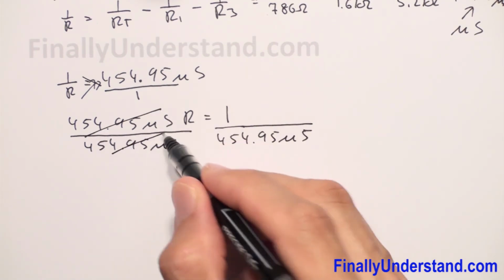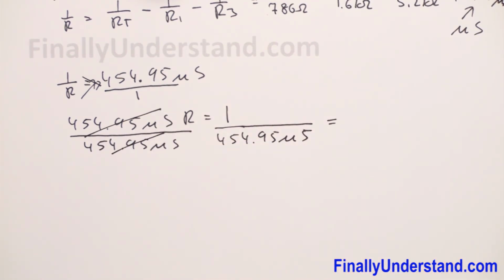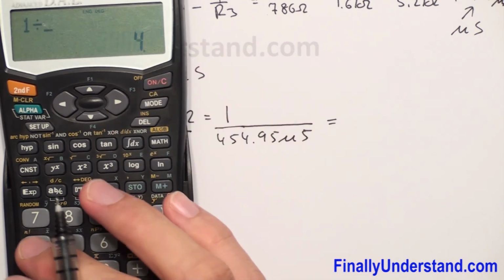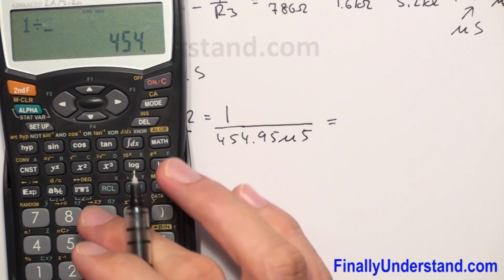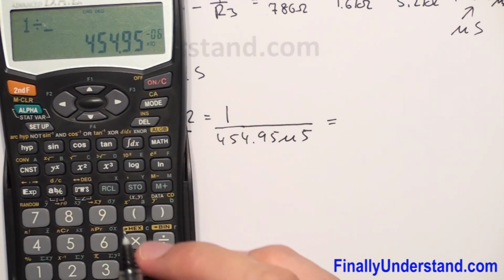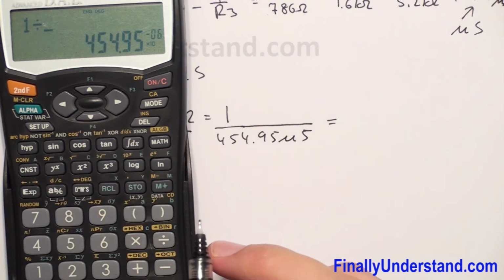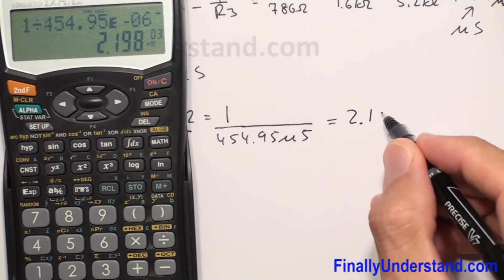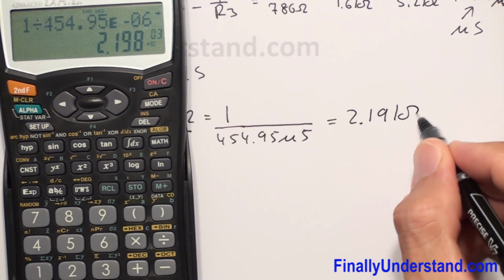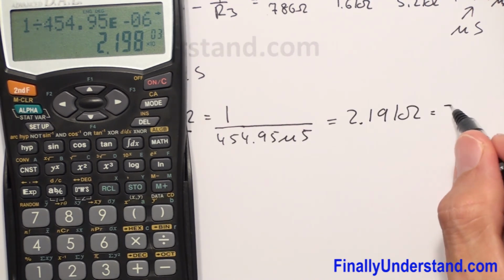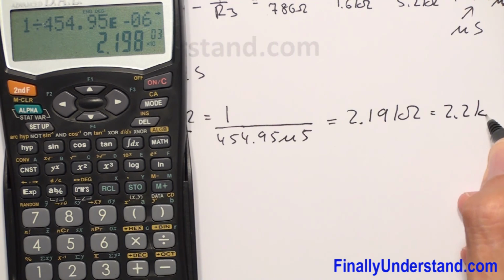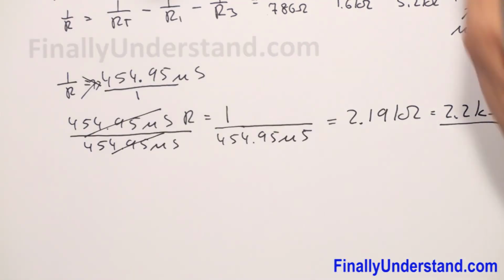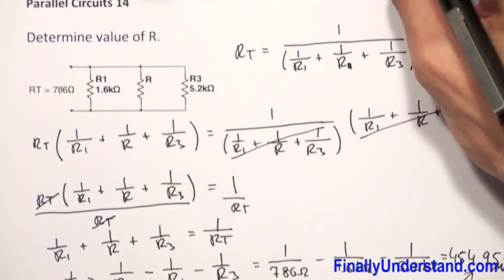So this and this will cancel out, and I have 1 divided by 454.95 exponent 6 negative. Okay, this is equal 2.19 coulombs, which is equal simply 2.2 coulombs. And this is the value of resistance R.